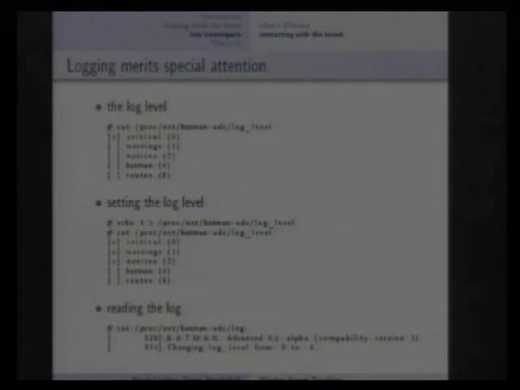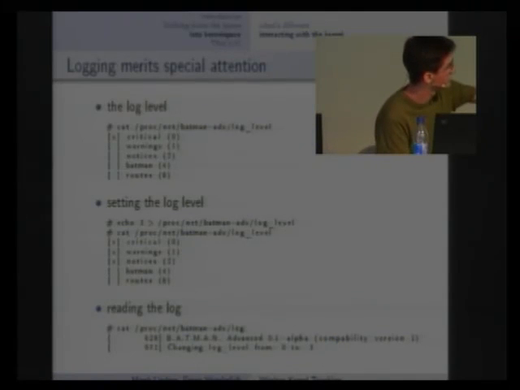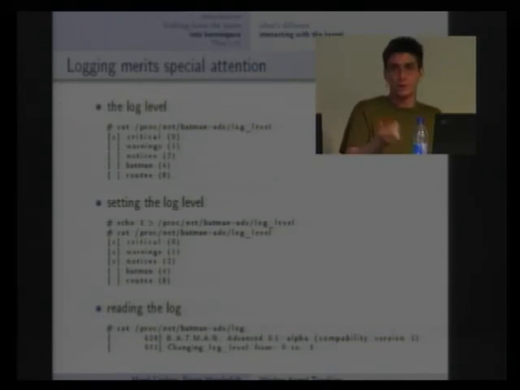You can see we have critical, we have warnings, we have notices, and you can activate them by echoing the number or the names of the logging levels. And you can just read it from the log file, and it's an endless read, and the kernel module will add the logging stuff. You see the module was loaded, and then later we changed the log level, and you will find routing information or whatever information you could have been interested in.